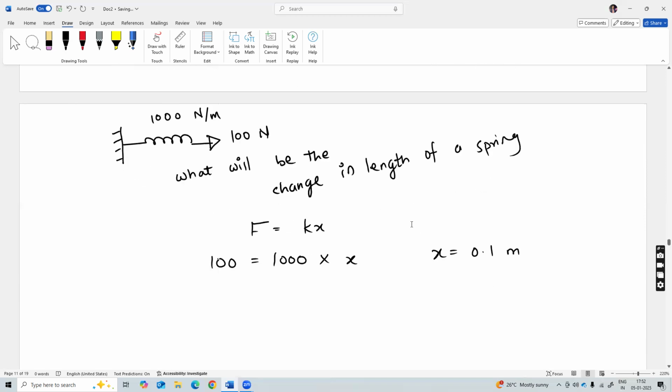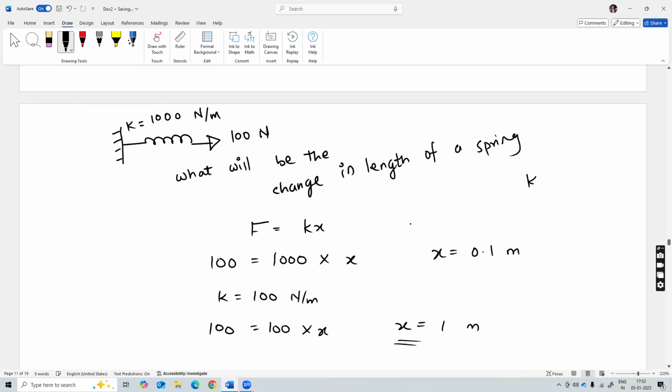However, in this case k was 1000. Now if you take k as 100 only, 100 Newton per meter, then F is 100, k is 100, and you will get x as 1 meter. So if k is large, x is small.